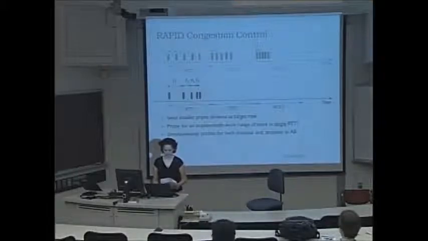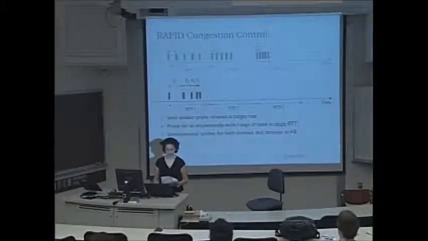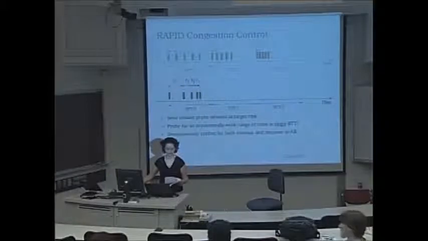Instead, it probes for an exponentially wide range of rates by sending out, in a single RTT, each packet at a different rate. However, the average sending rate is still going to be the most recent available bandwidth estimate. And this way, Rapid can probe for a variety of rates in a way that won't overload the network.